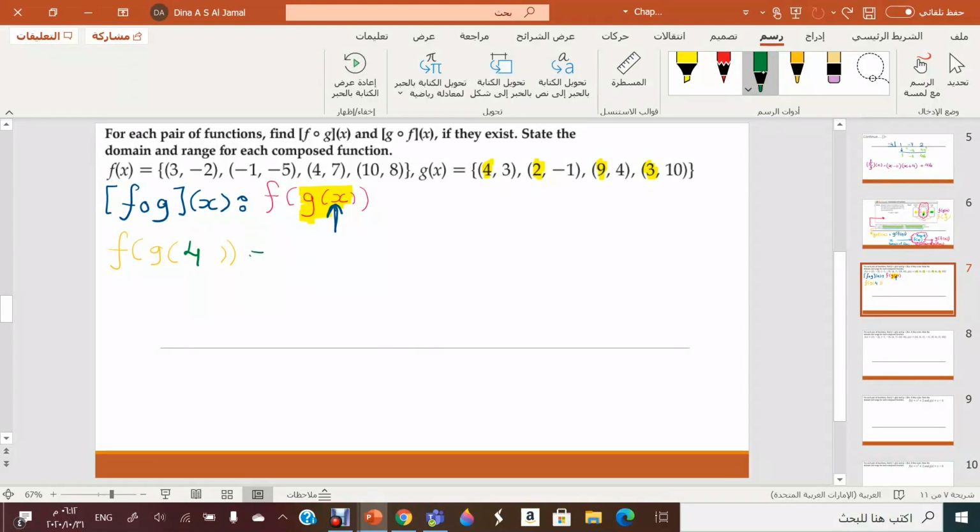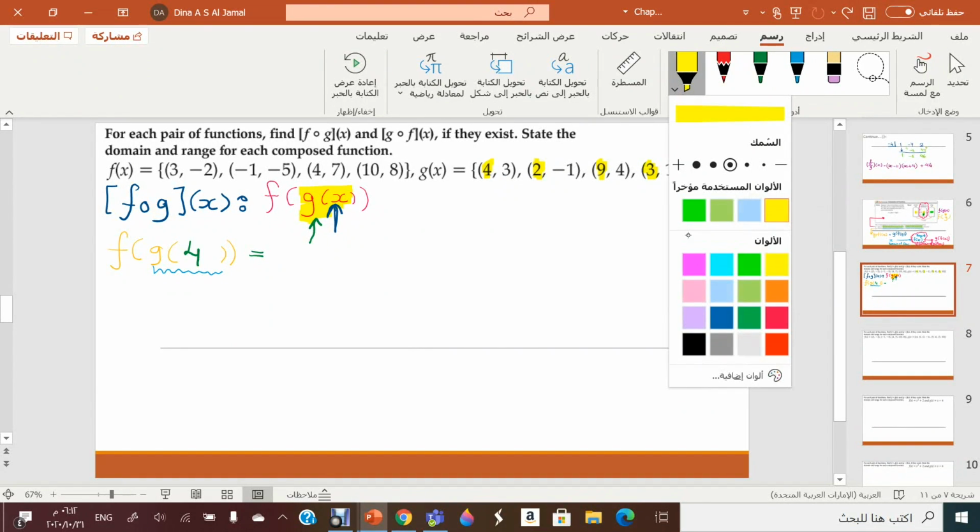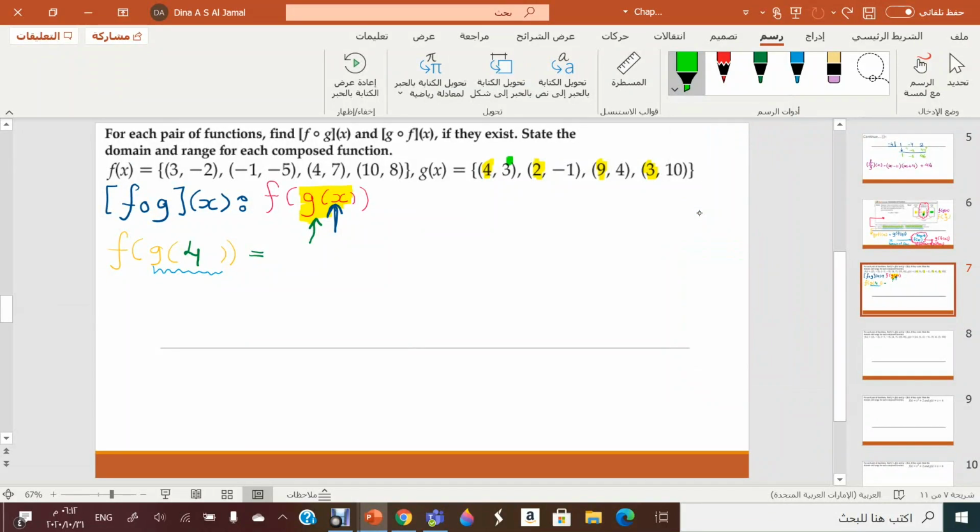Now, as I have told you, first of all, take whatever is inside, then start taking the outside step by step. So I will put my green arrow here, and I will only concentrate on this one. Now, what is g of 4? Go here. I will highlight it with green, and it is 3. So you will write it as it is, f of 3.